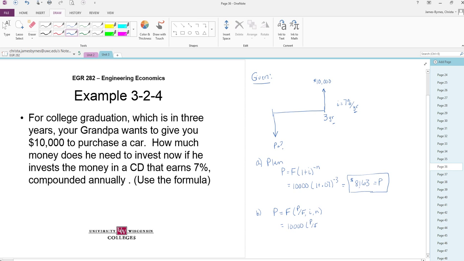Find a P given an F, 7% for 3 periods. I look in the back of my book, go to 7%, go down to 3, and read over to the right. P given F is 0.8163. 10,000 times 0.8163 is 8,163. Voila. Same answer, 2 different ways to solve it.